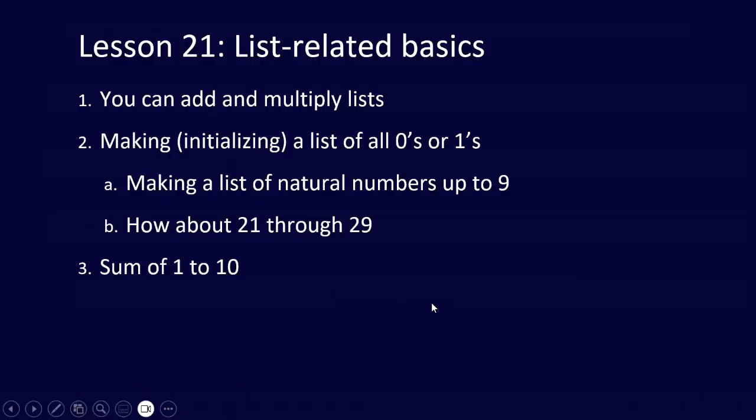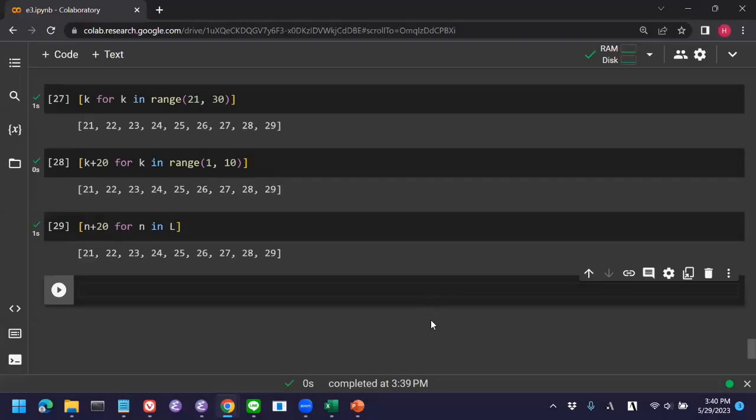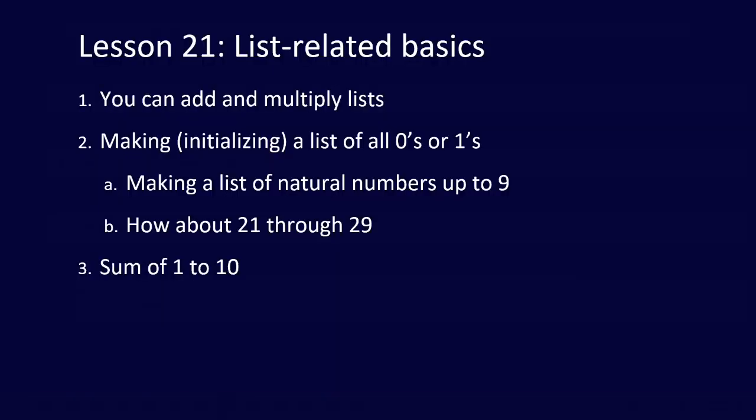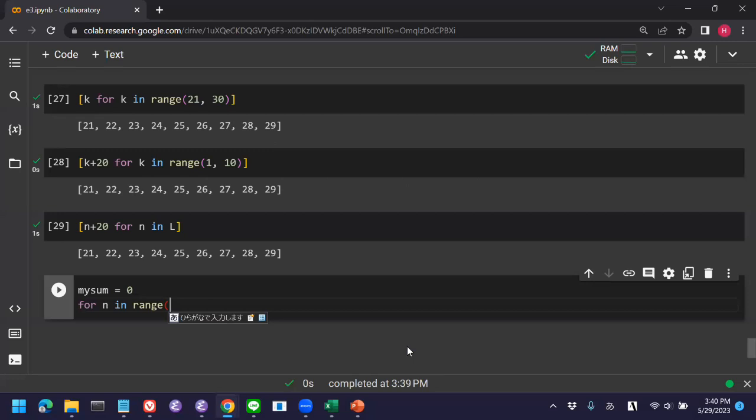Sum of 1 to 10. Can you do it? Of course, one way is using my sum. Go 0, and then for n in range, what was it? 1 to 10, so 1 to 11.